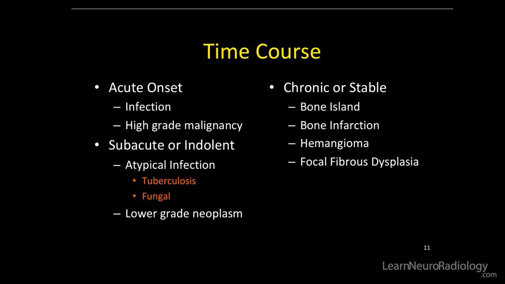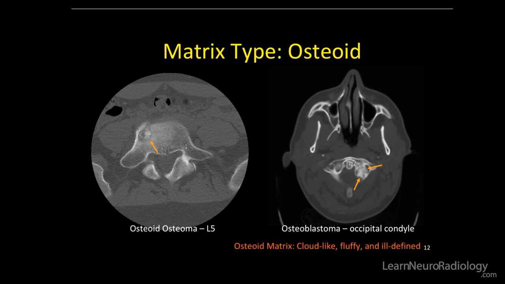If it's subacute or indolent onset, you want to think about atypical infections such as tuberculosis and fungus, or a lower-grade neoplasm. Chronic or stable lesions on follow-up imaging, you want to think about things like bone island, bone infarction, and hemangiomas and fibrous dysplasias.